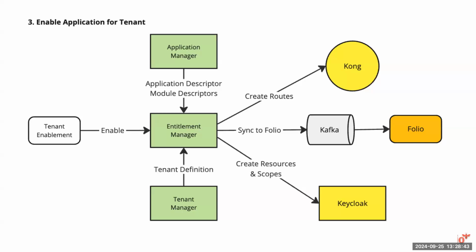So we have tenant entitlement right here, and we are going to enable an application. Entitlement Manager retrieves information from Tenant Manager and Application Manager, and starts performing all these jobs. A little bit of repetition here, but I think you want it.